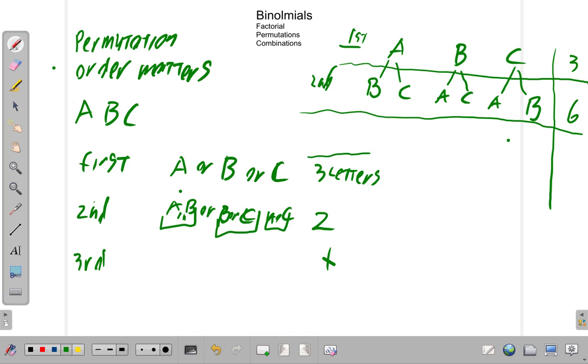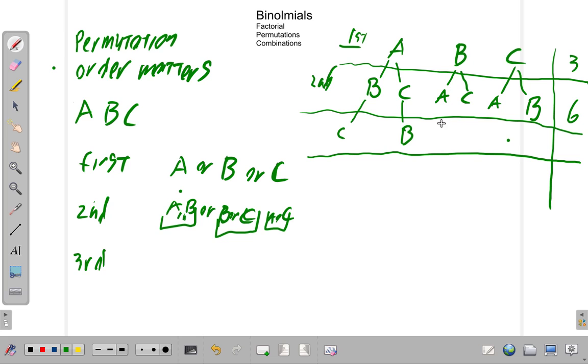What about the third position? What would be available for the third position? If you had put A, then B, then you'd have to put C. But if you had put A, then C, then you would have to put B, because A and C are gone. All right.